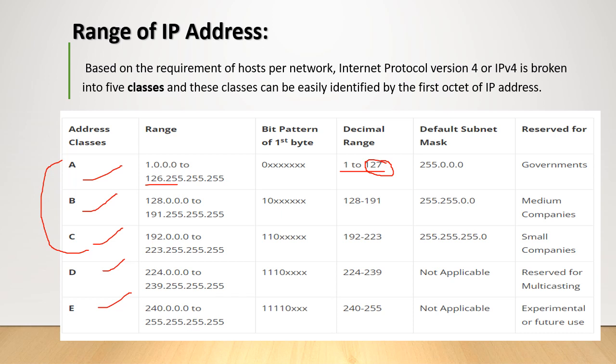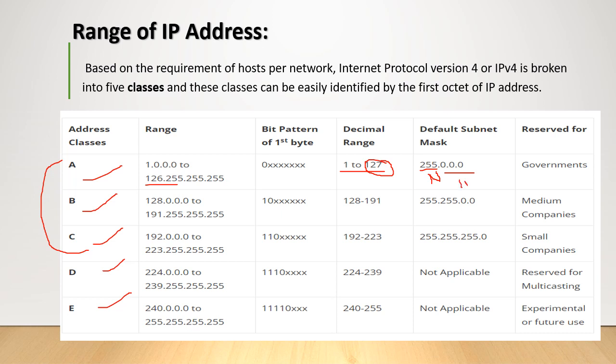In the first byte, if the first bit is set, it belongs to class A. And in the subnet mask, the first octet is full of ones, which means it belongs to class A. This part belongs to the network and these 3 octets belong to the host part.